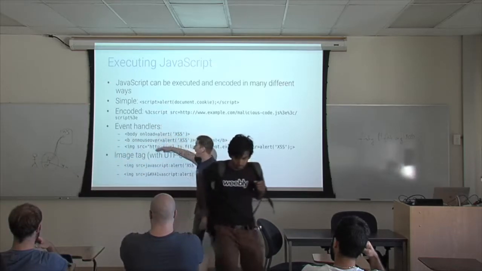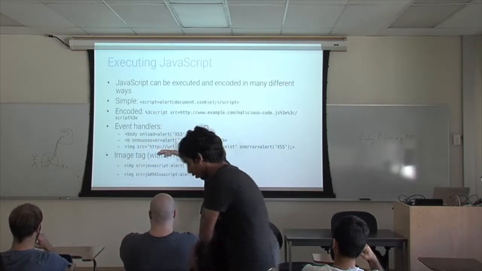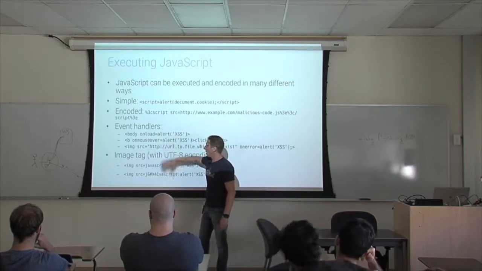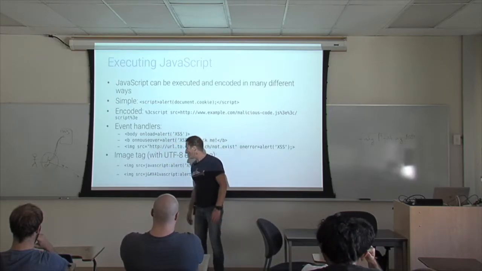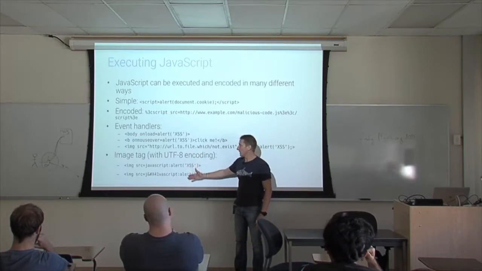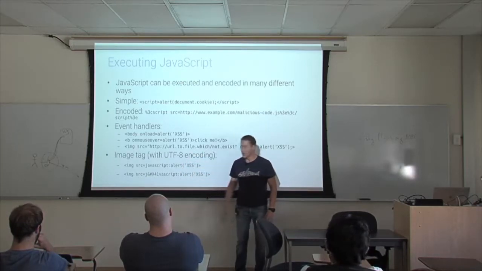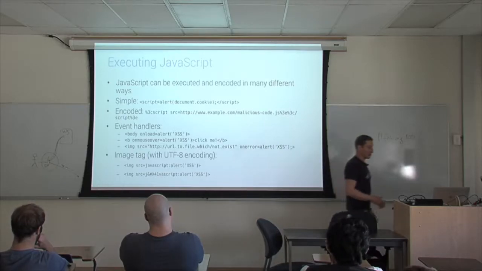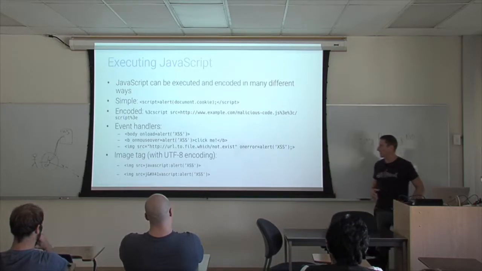But you can also inject JavaScript in event handlers for onload, onmouseover, and so forth. And you can even have an image tag source that is actually executing JavaScript. So you can have all sorts of different techniques.